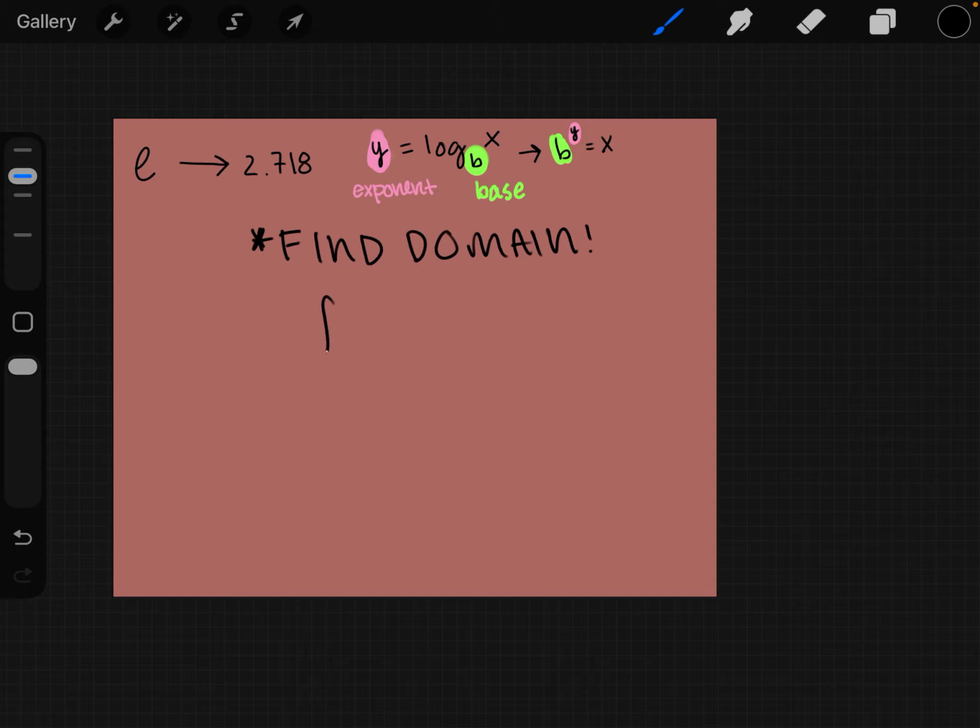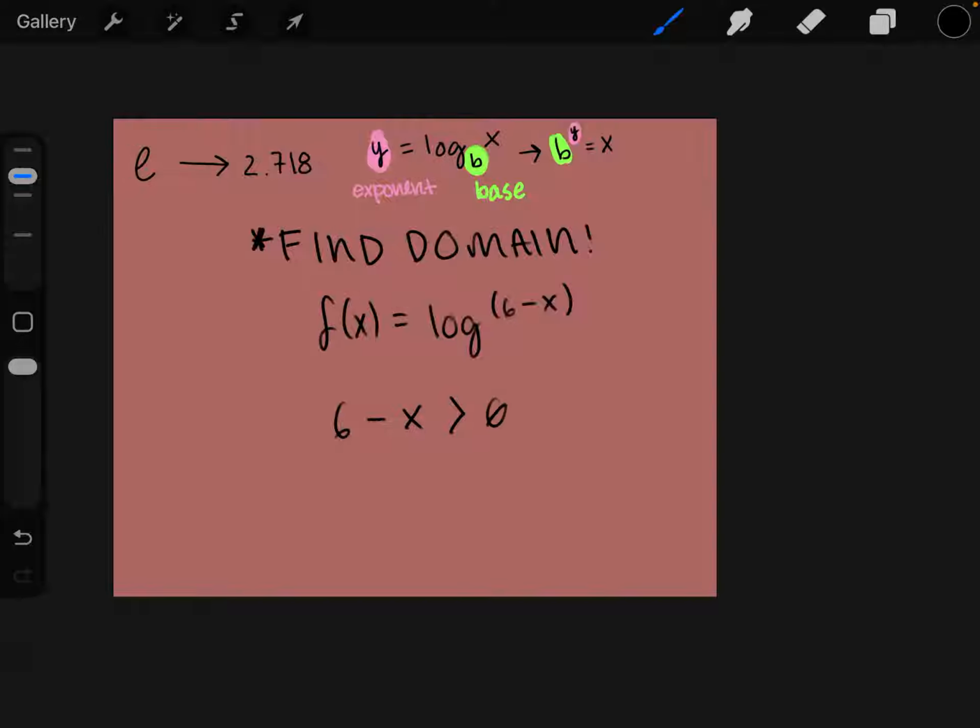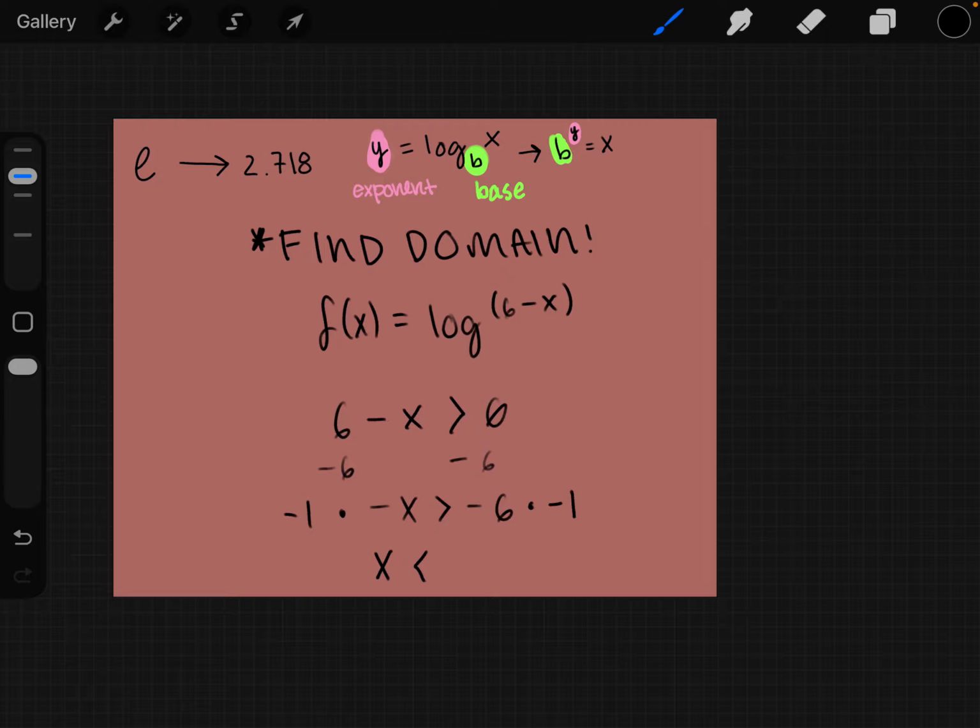And next. Okay, same thing, has to be greater than 0. X cannot be negative, so we have to multiply by -1. We know that when we multiply an inequality by a negative value, we have to flip the sign.